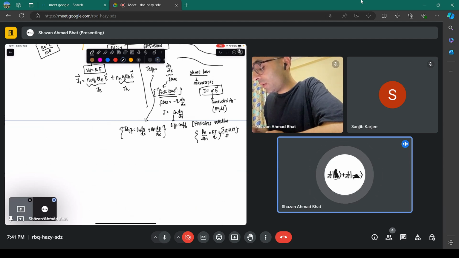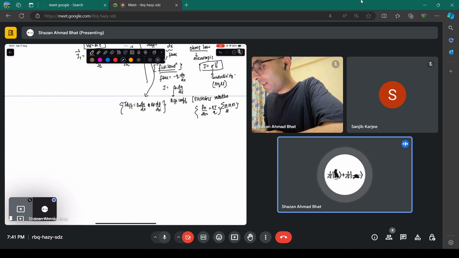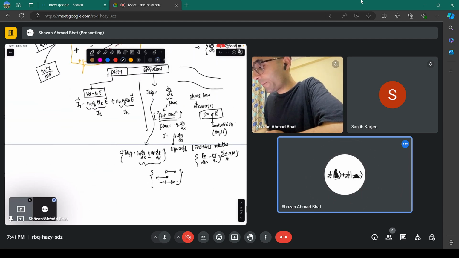And this is the overall diffusion current. Maybe there is some sign change here, a positive and a negative sign. It's because the current for the holes flows in the same direction, and for the electrons, if the electron is moving like this, the current flows in this direction. So you need to take care of the signs here.